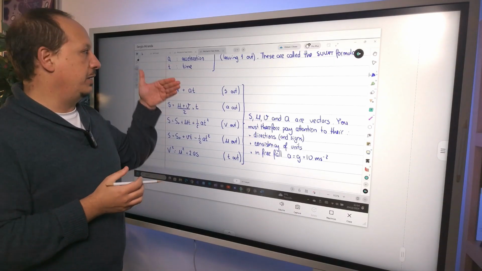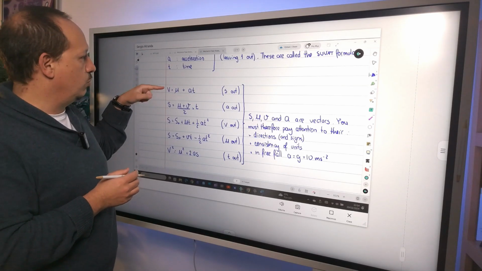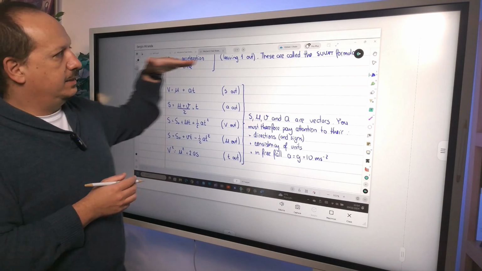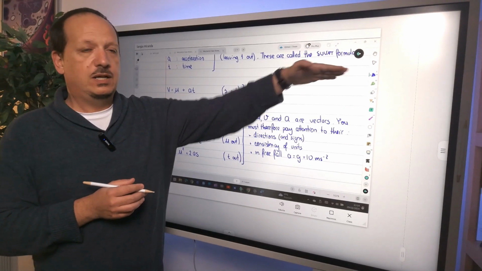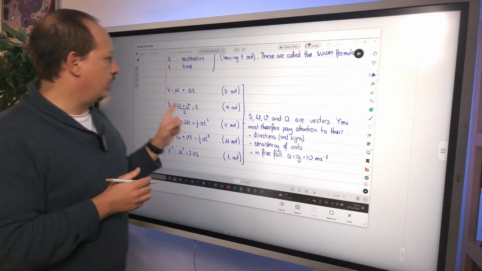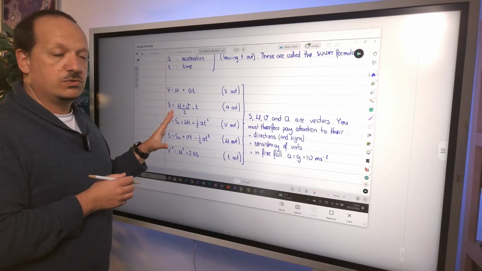So you have to define first what is a positive direction and then work accordingly with all of the vectors. All right? If you define that way as being positive, any of these vectors that point the other way is going to be affected by a minus. This is crucial for you to get all these questions right.